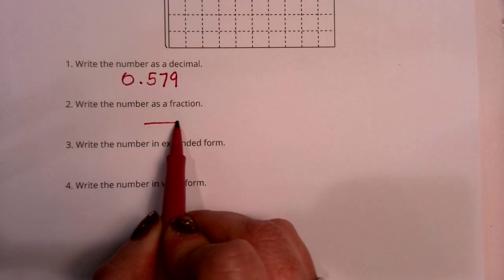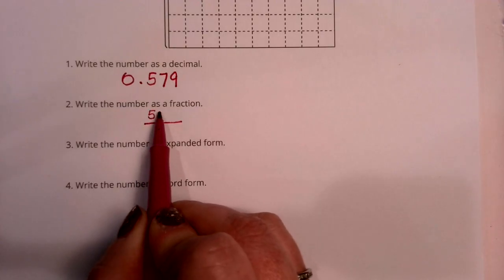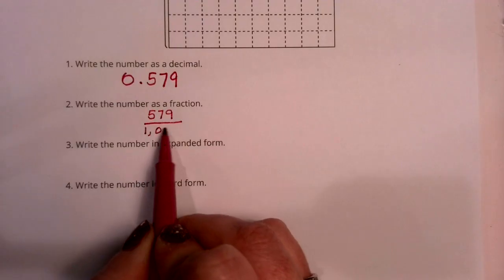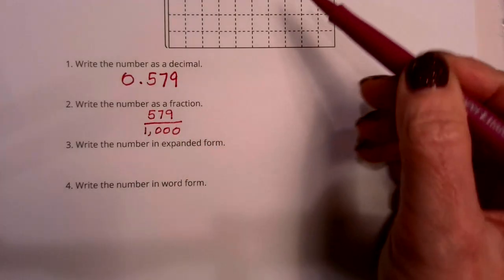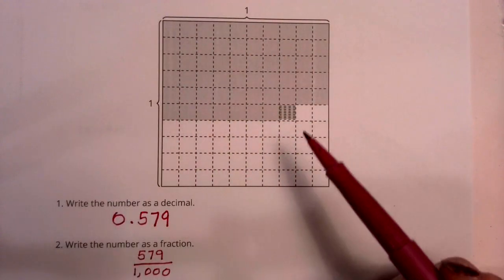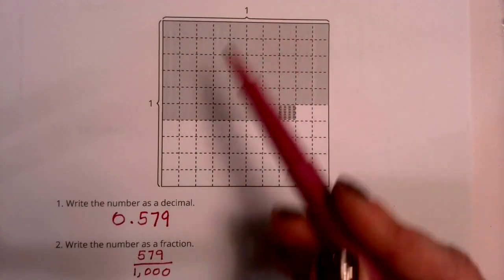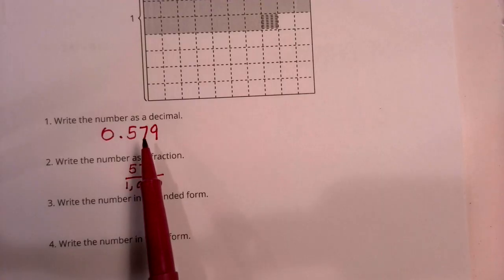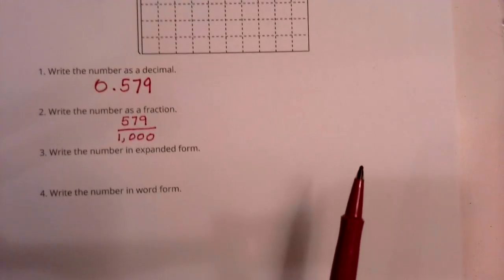Well, that tells me that this is 579 out of 1,000, because truly looking at this, how this is divided, how many thousandths do I see here? Well, this is 579 thousandths, which is also built of 5 tenths, 7 hundredths, and 9 thousandths.